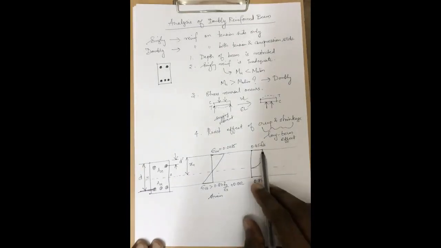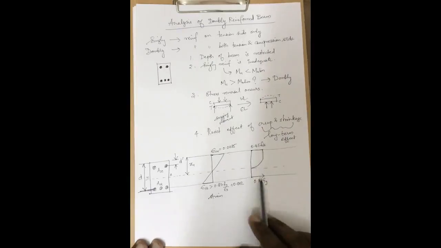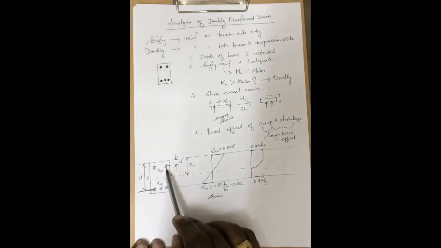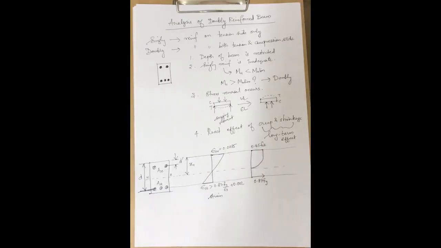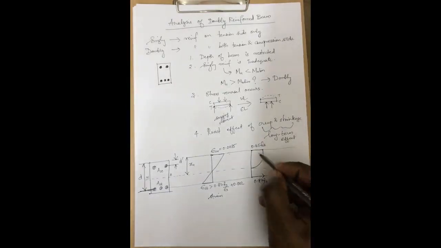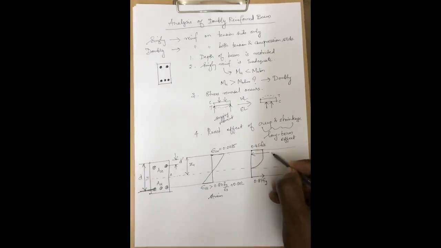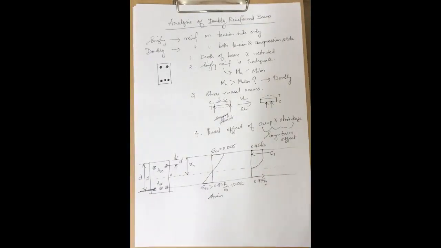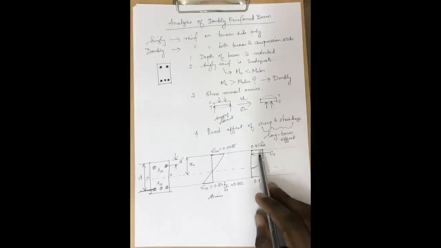You have drawn the compressive stress distribution as well as the tensile stress distribution, this due to concrete and this due to steel. But we are left with the steel on the compression side also. So what to do with that? There is a compressive force due to that steel also. Let us call it CS, the compressive force due to compression steel.